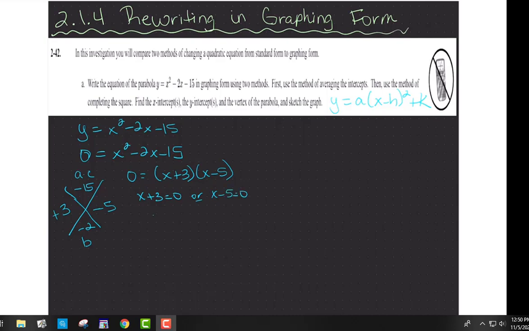Right? x equals negative 3 and x equals 5. So to start with my whole graphing, I know that I'm going to cross the x-axis at negative 3, right? And then I know the other one I'm going to cross at is 5.